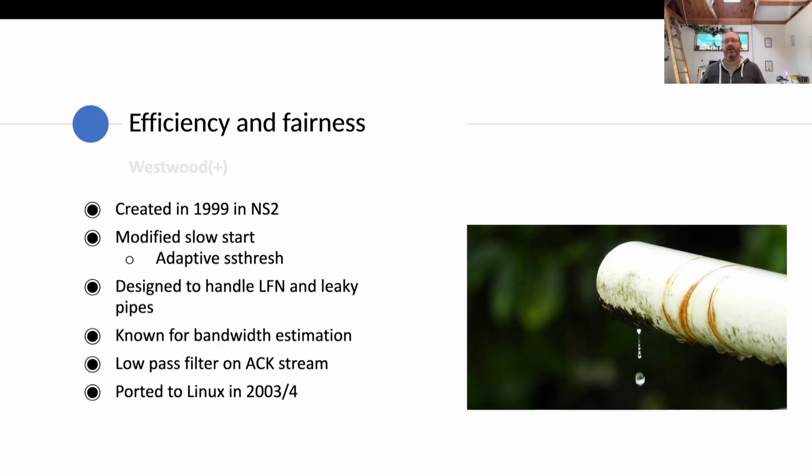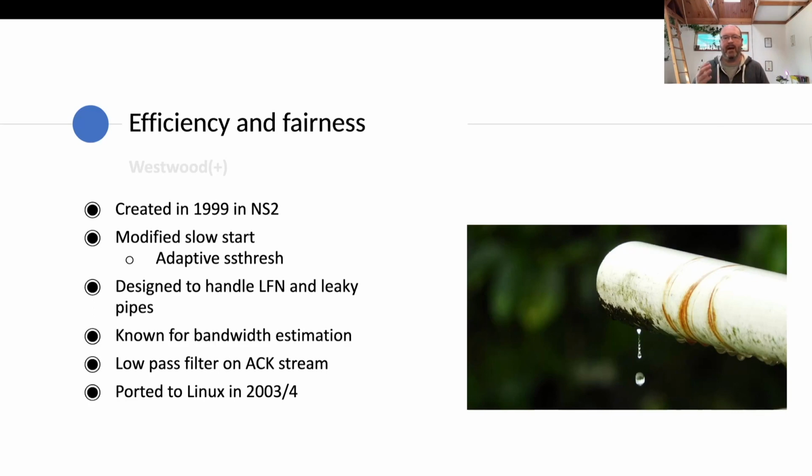Westwood Plus came on the scene around 1999, and it was initially implemented in NS2, which is a network simulator that people use for modeling and simulating protocols. Then we have a modified slow start in that Westwood algorithm, and an adaptive ssthresh as well.